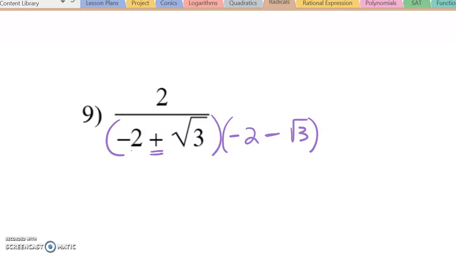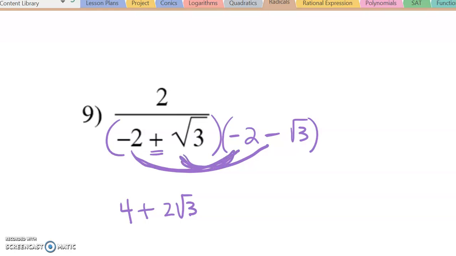So here I'm going to FOIL first, negative, negative. Out here is going to be negative, negative, which is positive 2 root 3. Inside here is a negative and a positive, so it's minus 2 root 3. And then last is positive, negative, negative root 3 times root 3 is 9.